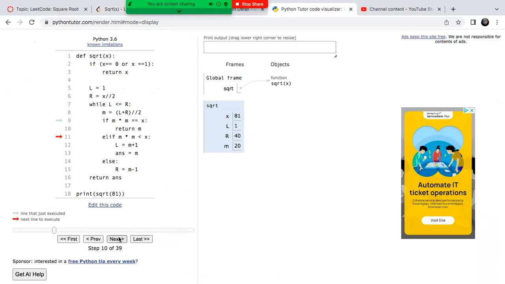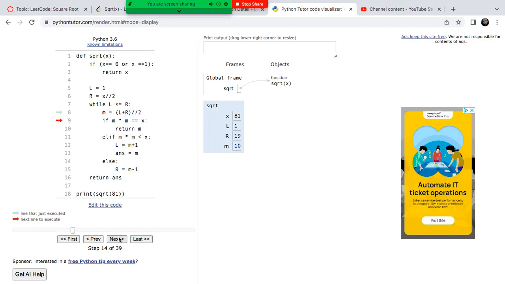So we go to the elif statement where we check whether it's on the left-hand or right-hand side of the interval, and it's on the left-hand side. So we go down to r equals m minus 1 and look at the left-hand interval. Then while L is less than or equal to R, we do this over again.